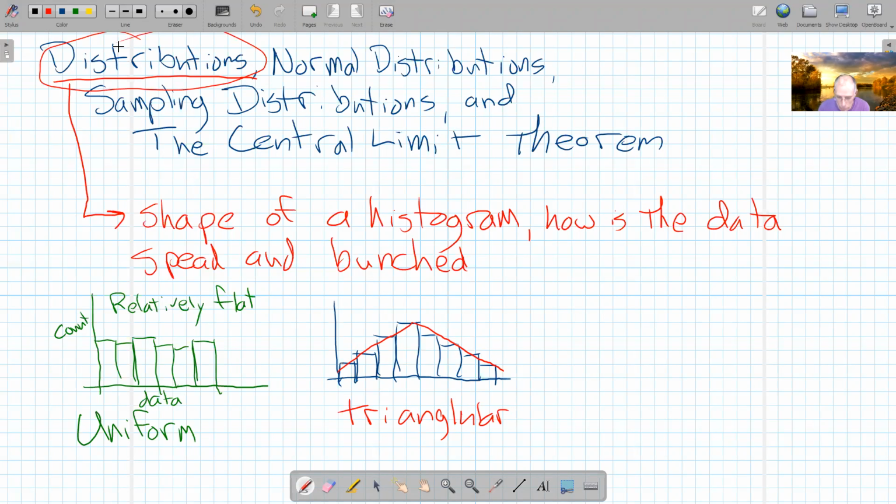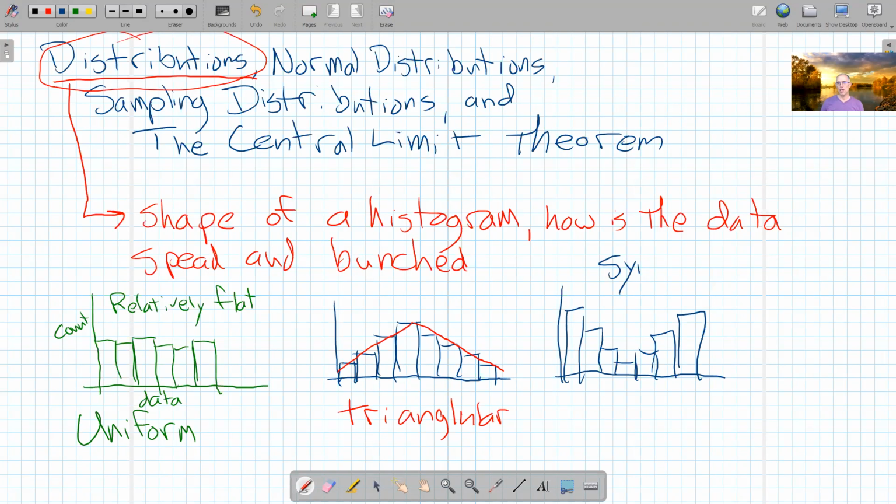All it is, we're looking at a graph and we're saying, what's the shape like? How are things bunched up? Sometimes we can use one word to describe it, but often it's more than one. So for example, I might find a distribution that looks like this. This does have a symmetric shape to it.